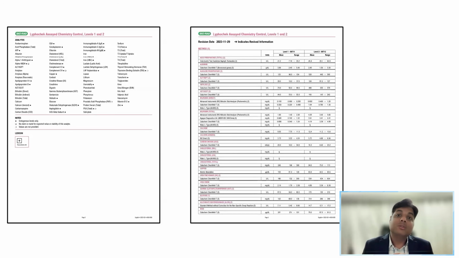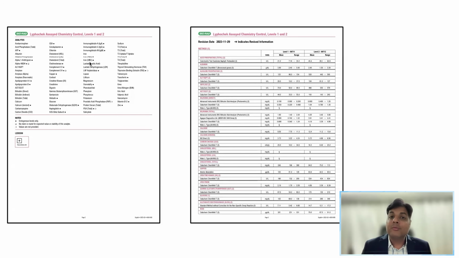Now we also understood in our previous slide that controls have a particular range or fixed analytes for which the range is given. Here we can see the parameters for which the range is mentioned in the value chart for this particular control.